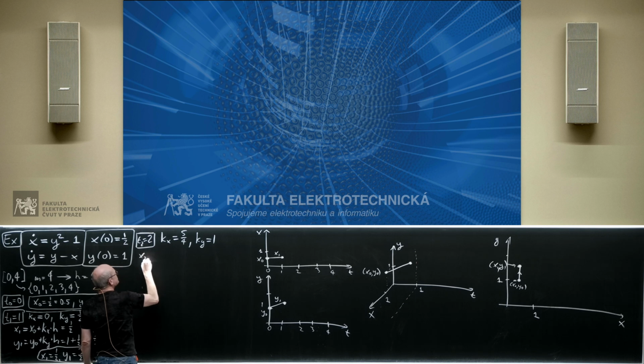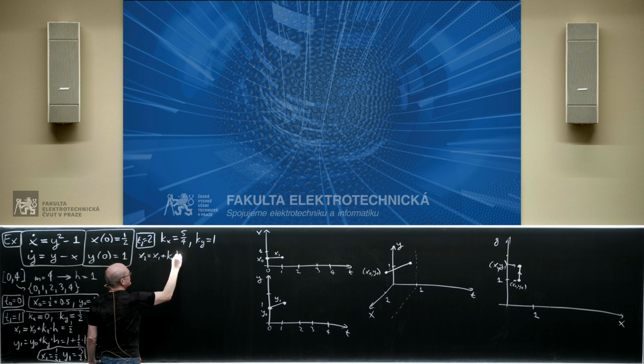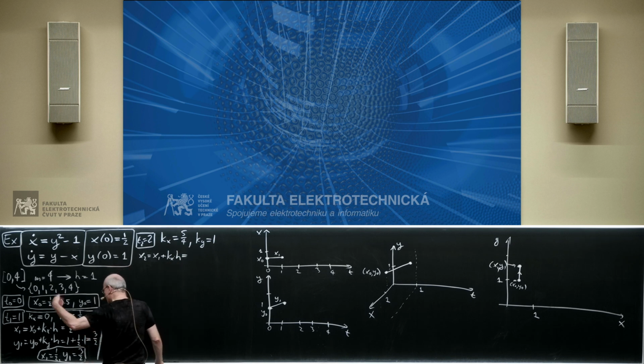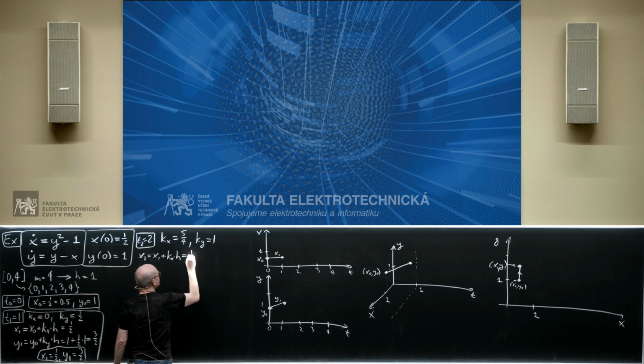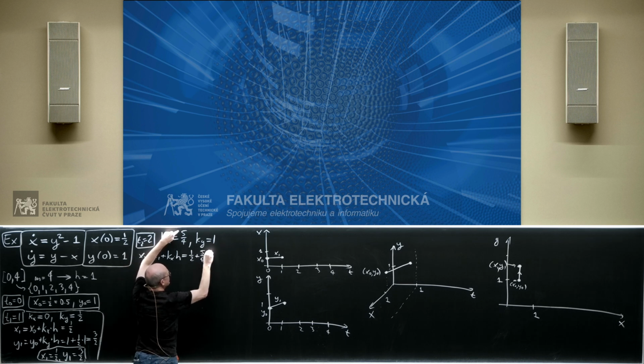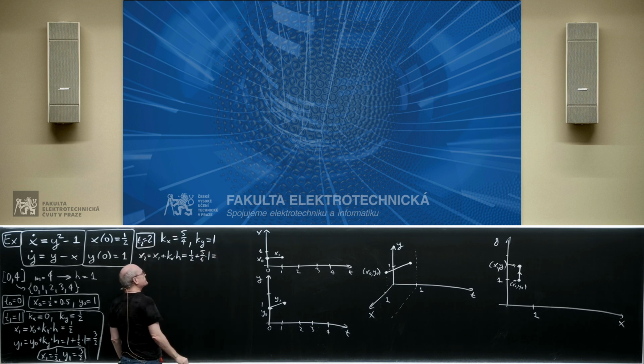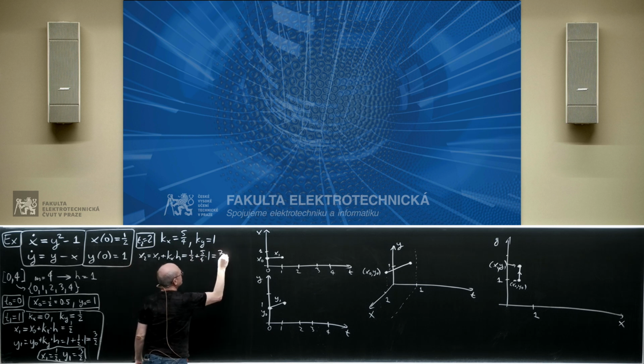Let's see, x2 is x1 plus the slope times the step size. x1 is 1/2 plus 5/4 multiplied by 1, which happens to be 7/4.